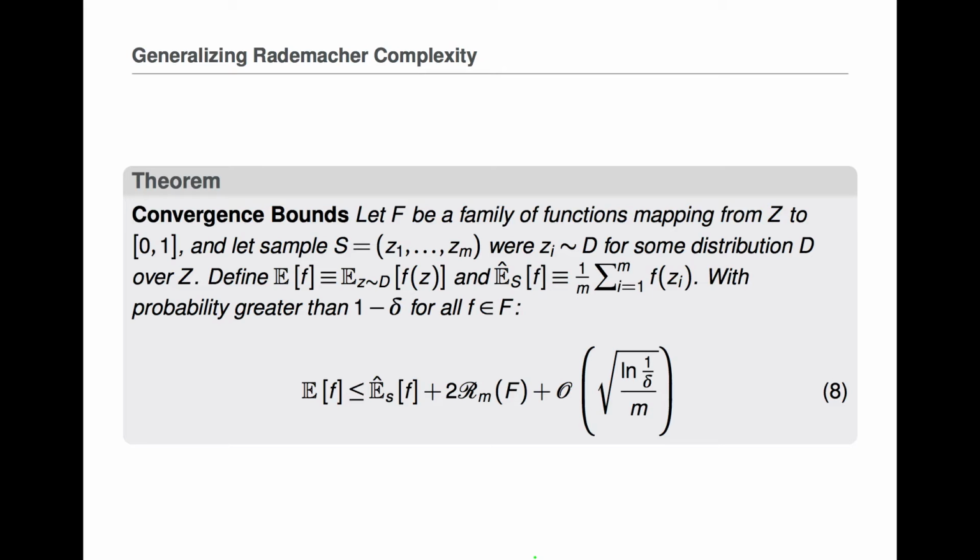Okay, so now that we've defined this more general notion of Rademacher complexity, we can start talking about convergence bounds. And so we'll eventually use these to talk about the error of machine learning algorithms, but for the moment we're going to take a slightly more general approach and talk about arbitrary functions f, where f maps inputs z to something between 0 and 1.